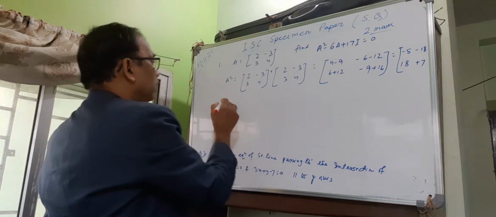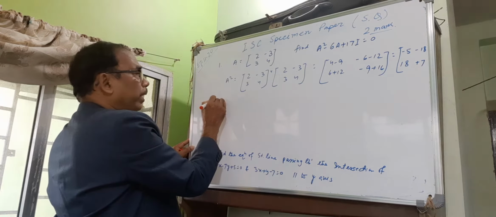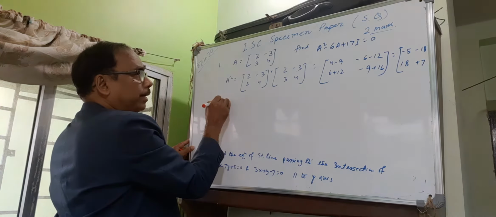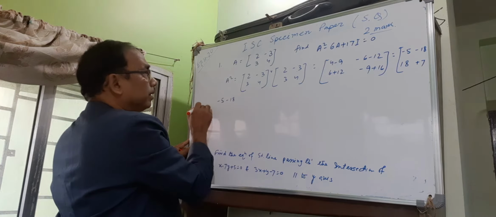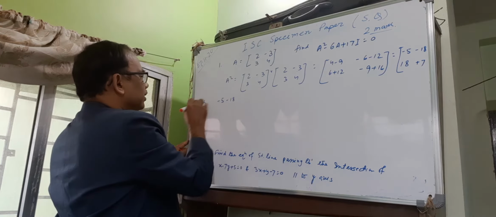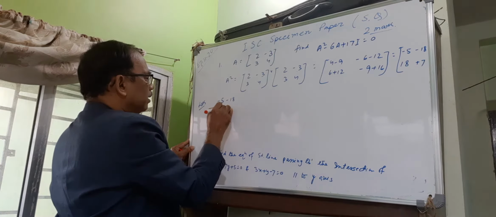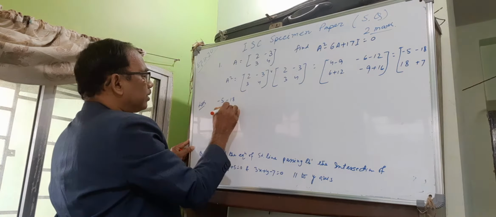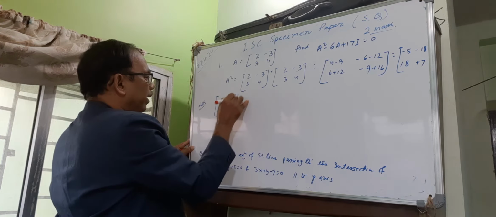Here is A square, minus 5, minus 18, 18 and 7. This is A square.